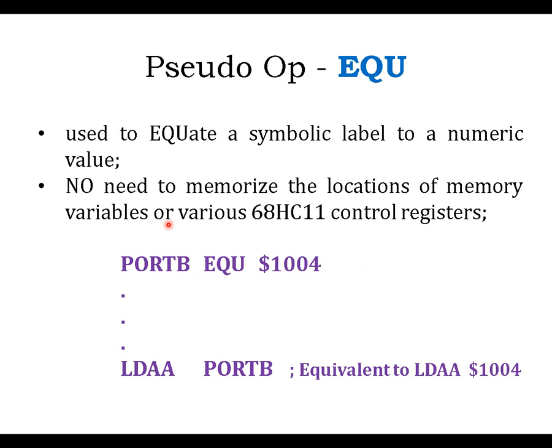This is another one. I think you have seen this one as well, EQU, right? We use this to equate a symbolic label to a numeric value. You might be wondering why we need this one. For example, let's say you have plenty of ports in the Motorola microprocessor, or let's say the Fox trainer board.